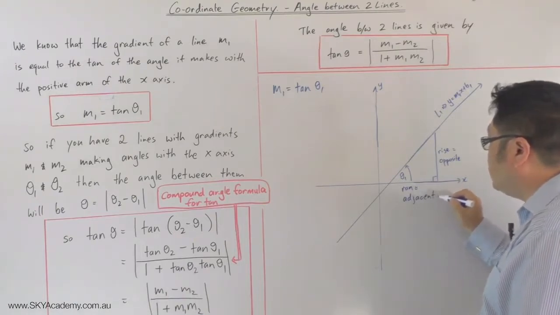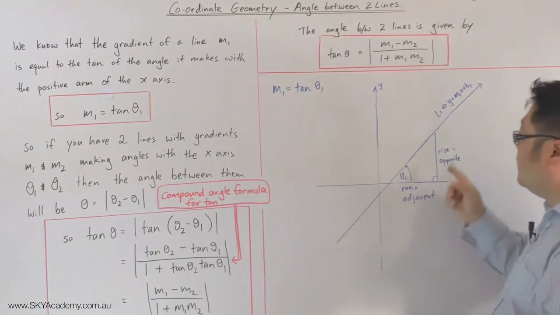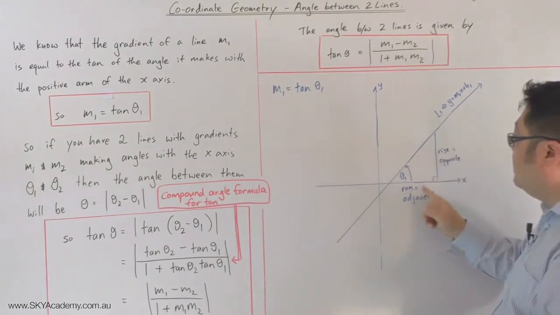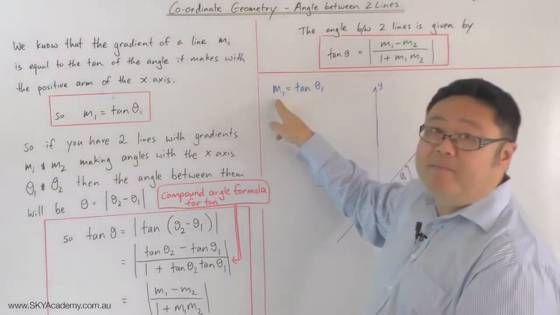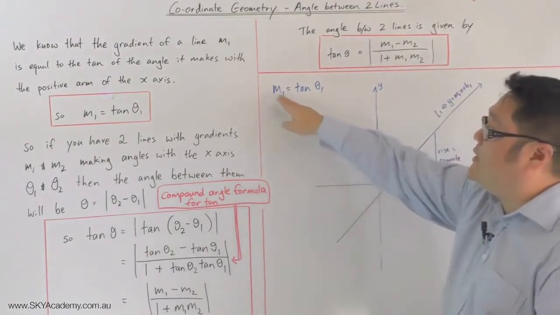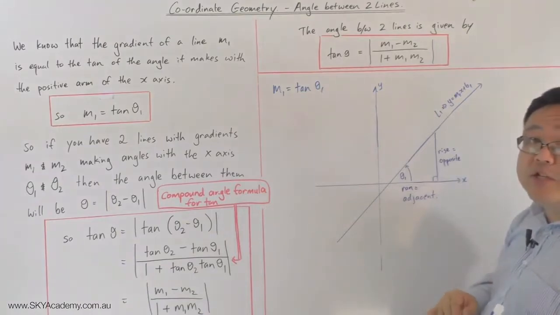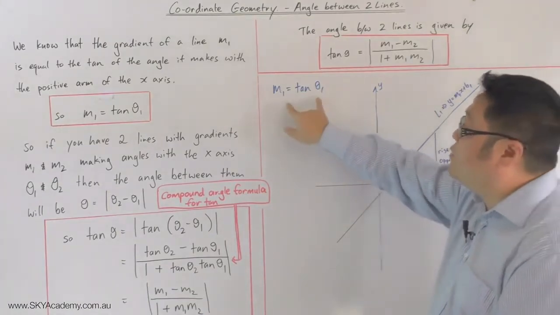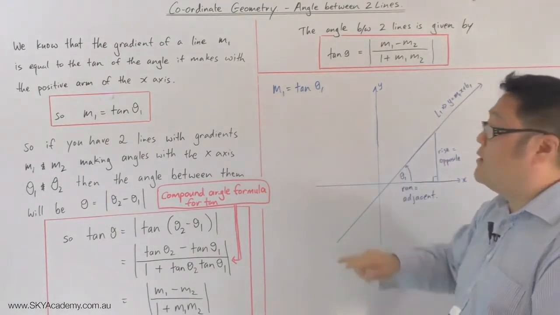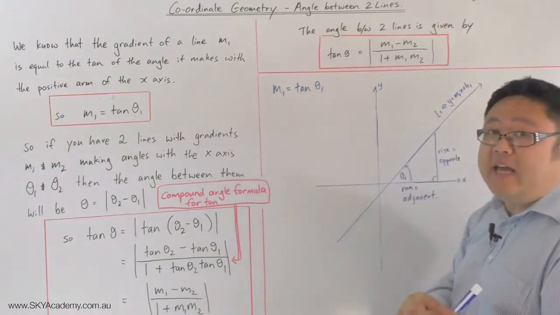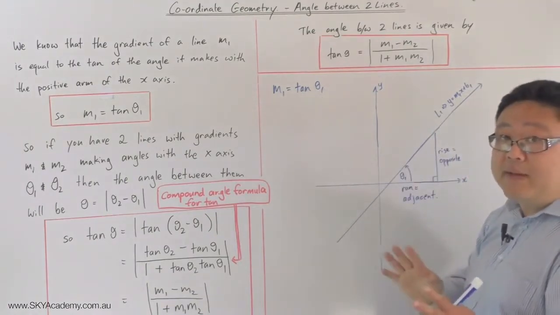Your rise over run is equal to m1, so your gradient is rise over run, but your tan theta is also equal to the opposite over adjacent. So that is why m1 equals the tan of theta 1. Does that make sense? Got it?